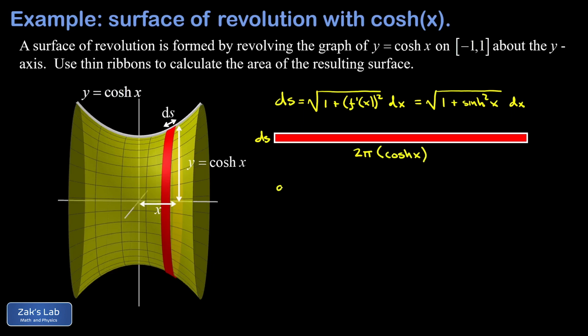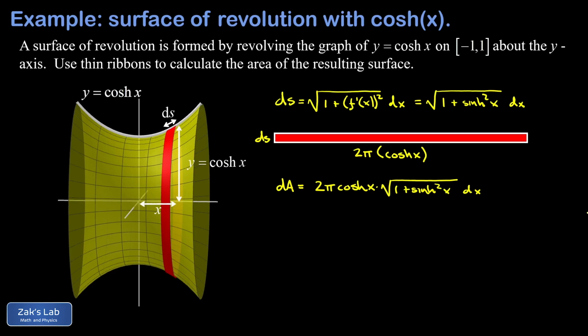All right, so this allows us to write down an expression for dA. The area of this cut and unrolled ribbon is just the length times the width. So I take 2 pi cosh x and then multiply by ds, and I'll go ahead and sub in that expression real quick. ds was the square root of 1 plus sinh squared x times dx.